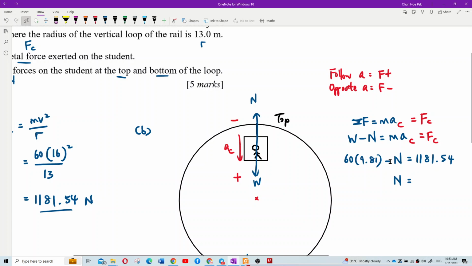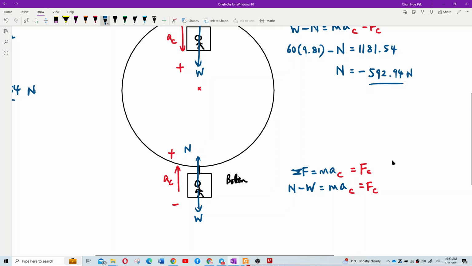Something is wrong. The question has something wrong. I got a negative value, which cannot be negative. But never mind.